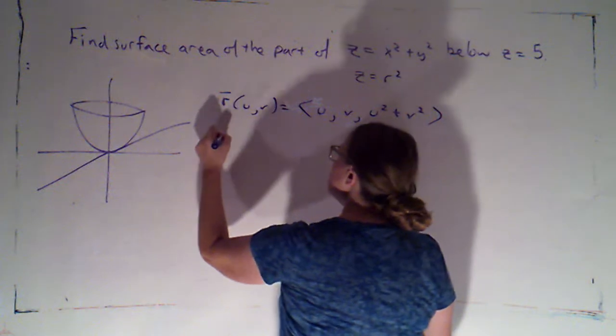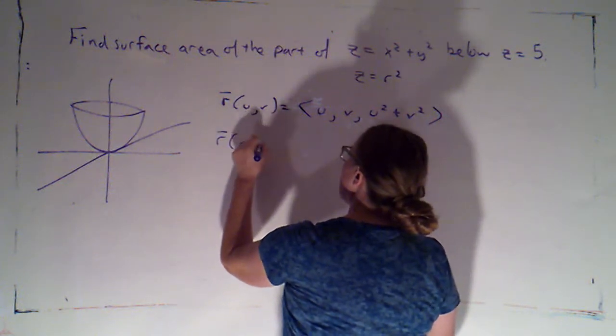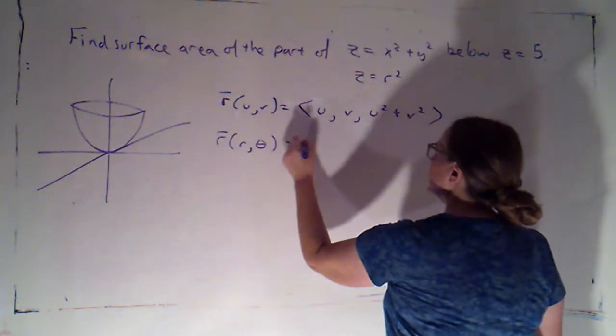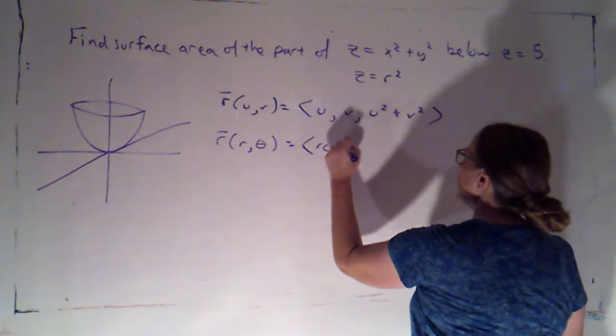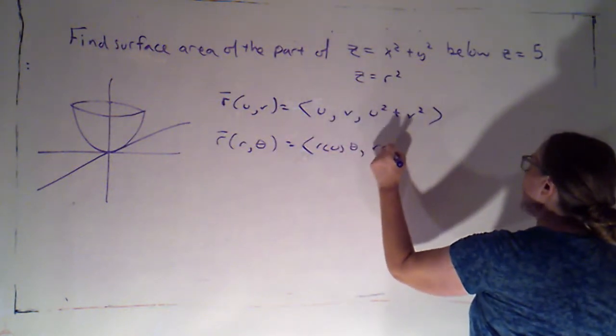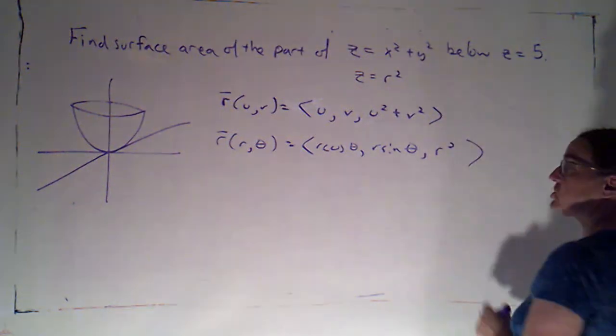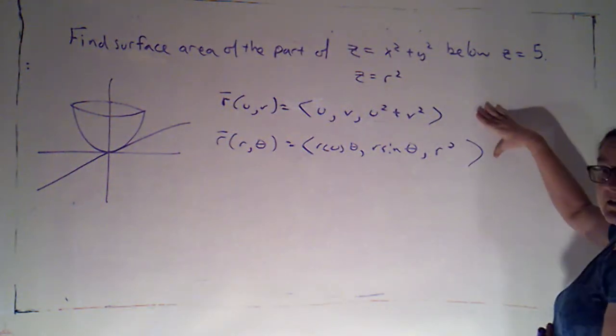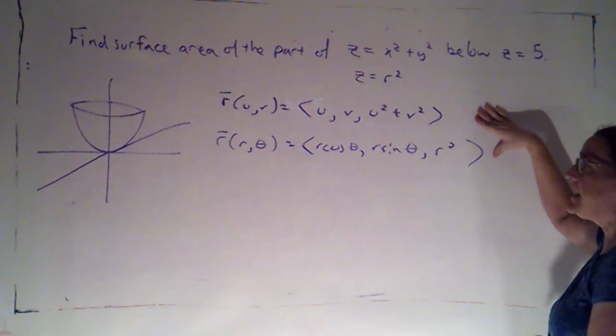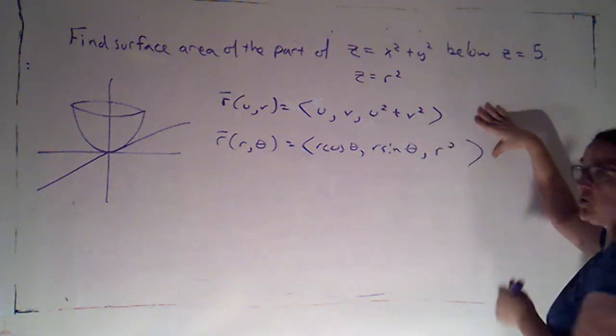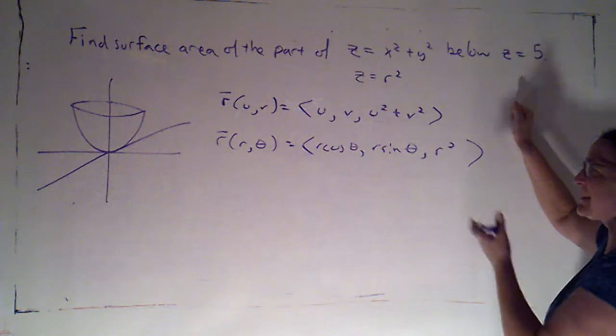Or I could use r of r, theta, and I could say, well, x is r cosine theta, y is r sine theta, and z then is r squared. So this lends itself very nicely to just parameterizing, essentially using my rectangular coordinates x and y.